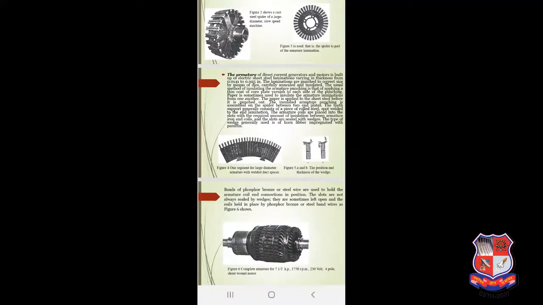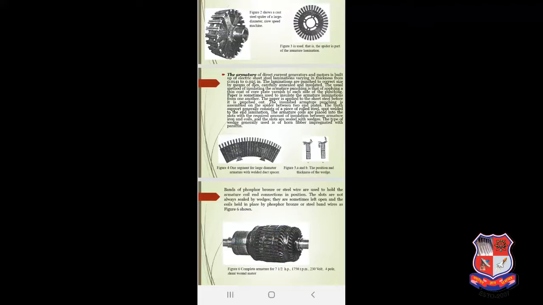Now the armature of the DC generator and motor is built up of electrical sheet steel laminations varying in thickness from 0.0141 to 0.025. The laminations are punched to correct size, carefully annealed and insulated.